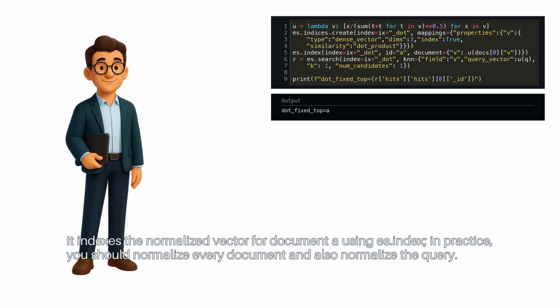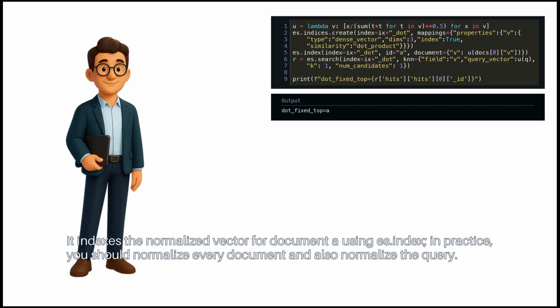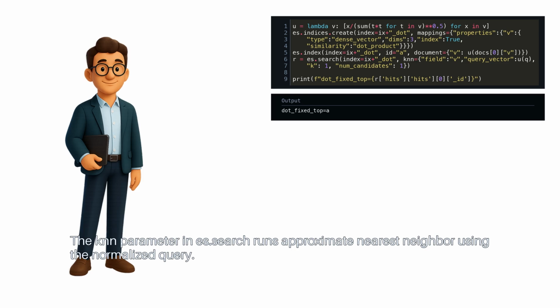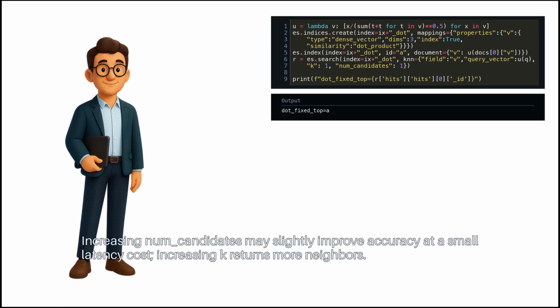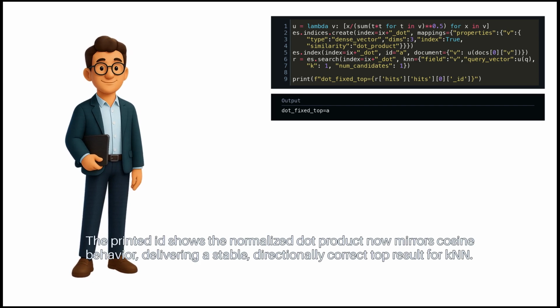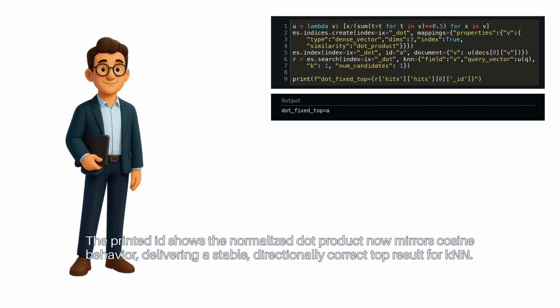In practice, you should normalize every document and also normalize the query. The knn parameter in es.search runs approximate nearest neighbor using the normalized query. Increasing num_candidates may slightly improve accuracy at a small latency cost. Increasing k returns more neighbors. The printed ID shows the normalized dot product now mirrors cosine behavior, delivering a stable, directionally correct top result for KNN.